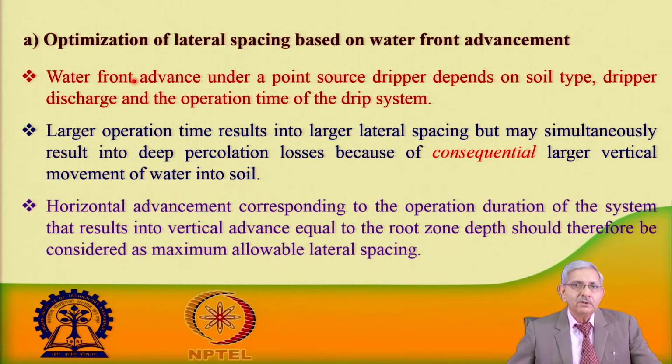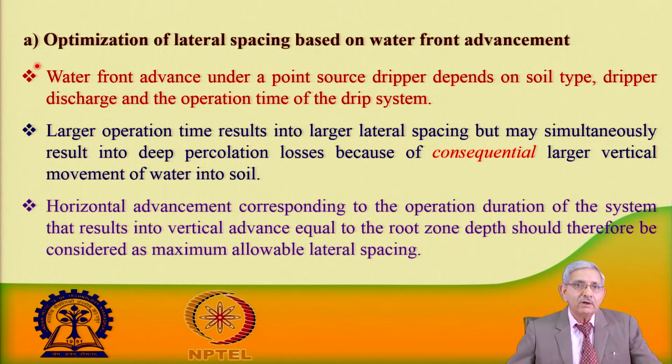In this presentation, we are taking the waterfront advance under point source drip emitters. That depends on the soil type, what the soil texture is, because the waterfront movement will depend upon the soil texture, what the dripper discharge is, and how long the dripper is being operated.